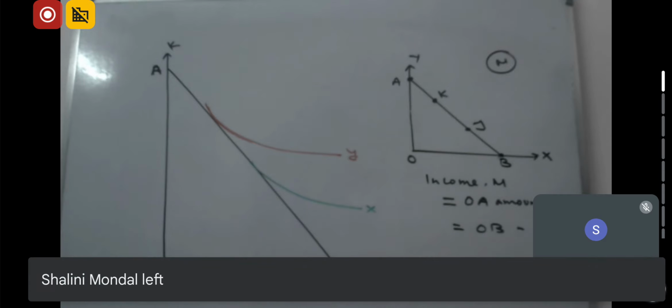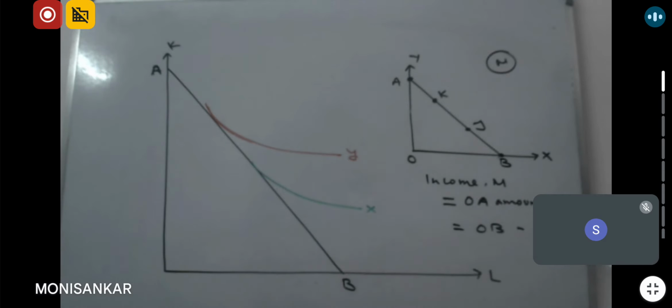Okay, so at point k your expenditure you can measure in terms of goods.